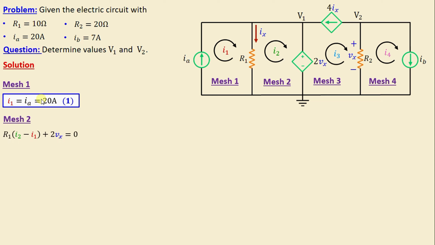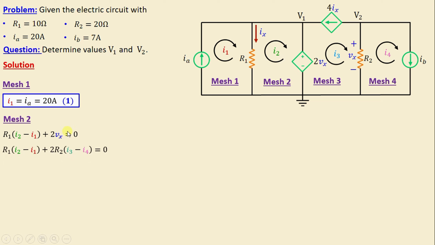By applying Kirchhoff's voltage law in mesh 2, we can write R1 (I2 minus I1) plus 2 Vx is equal to 0. And according to Ohm's law, we have Vx is equal to R2 (I3 minus I4).